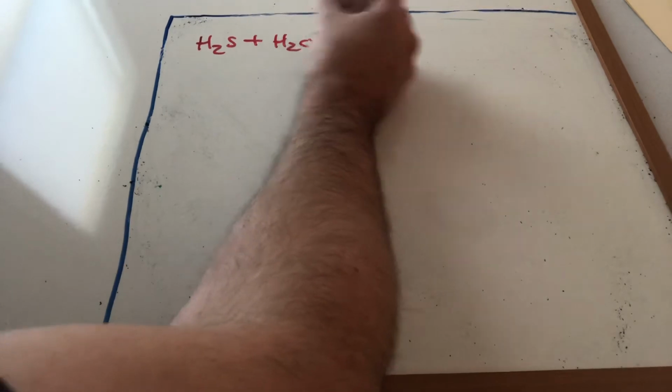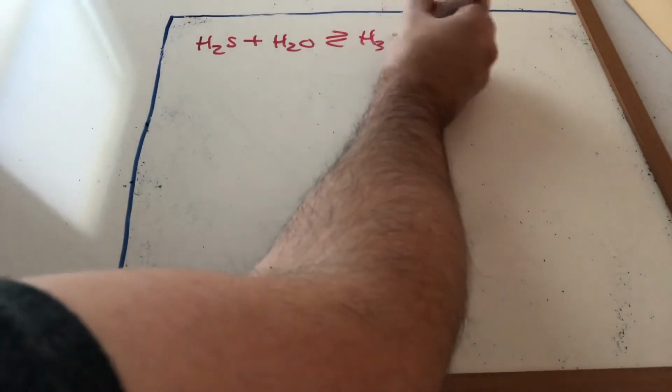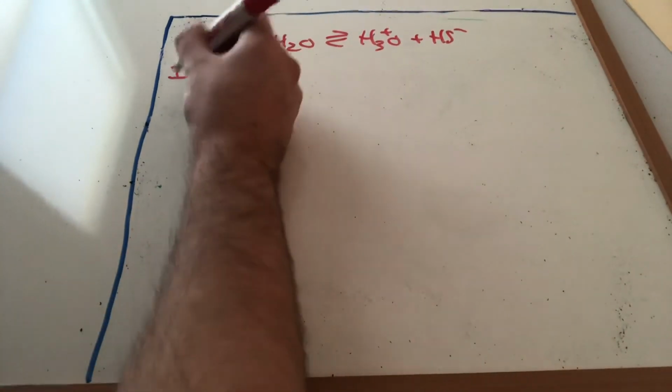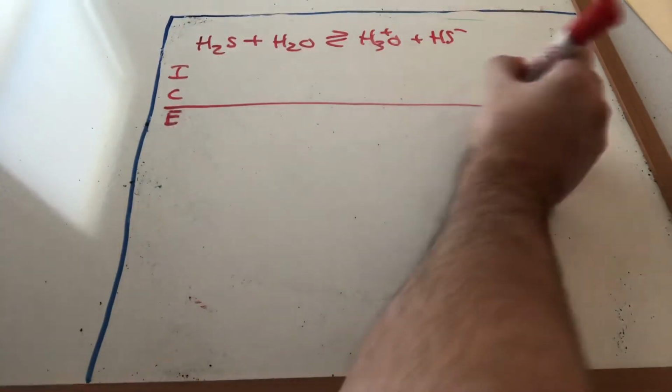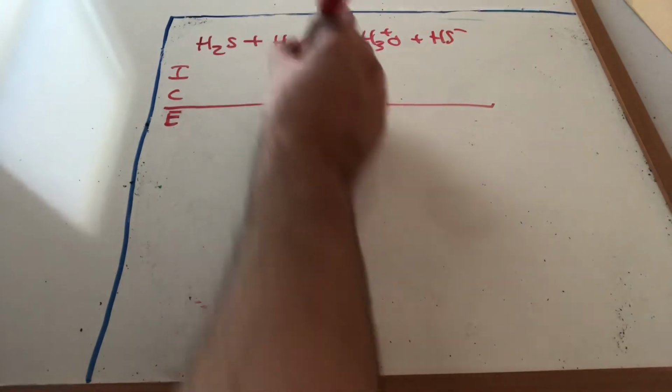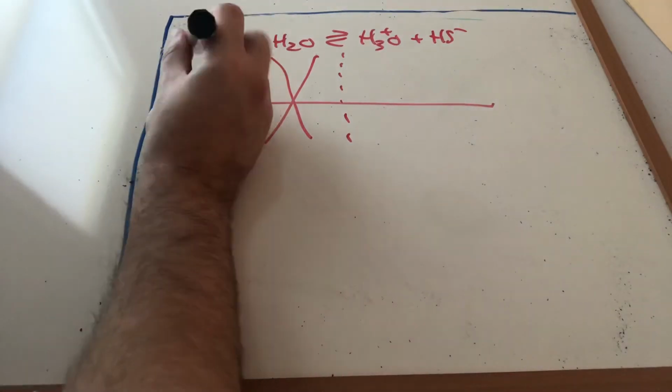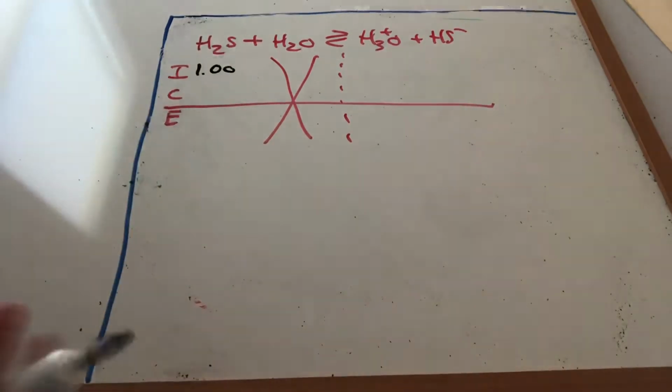H2S, H2O, H3O plus, HS minus, ICE. It's a weak species. Water goes away. We were given an initial concentration of H2S. That's 1.00 molar.